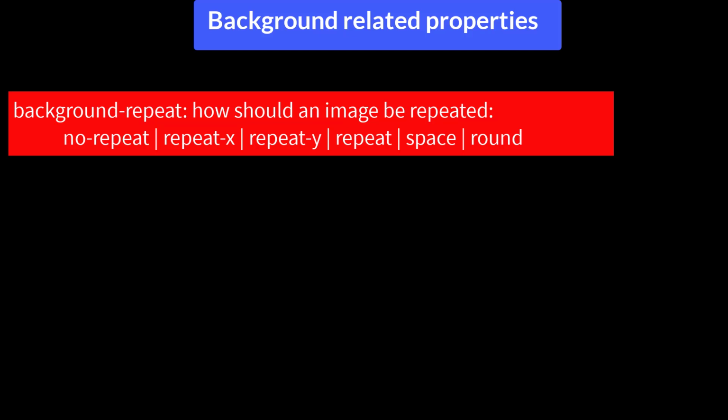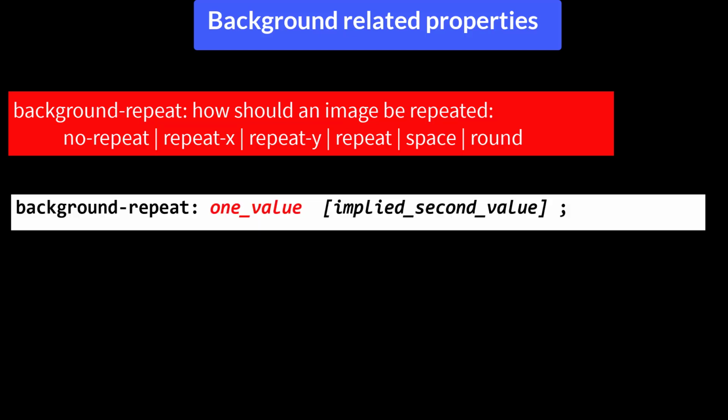If only one is specified, the standard implies the default value for the second. That is, if you code background-repeat with one value, the browser assumes you've specified the X value and then assigns the Y value.